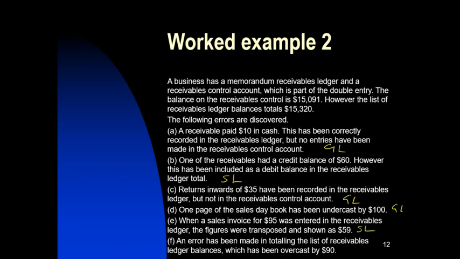So this one is a receivables ledger or sales ledger error. Once you know this, you can now simply do your control account reconciliation. So what then do we have to do?